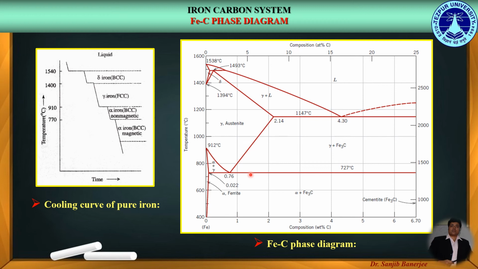So, since the hypereutectoid steel has the composition of pearlite plus cementite, and for the hypoeutectoid steel the composition is pearlite plus ferrite, and cementite is a brittle phase compared to the ferrite phase, so the hypereutectoid steel is a brittle one compared to the hypoeutectoid steel. So these are the different relevant and significant features of the iron-carbon phase diagram.